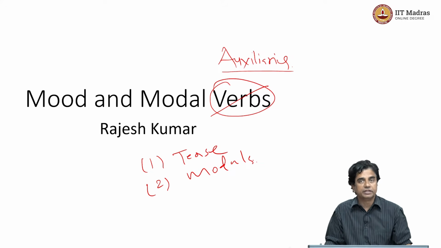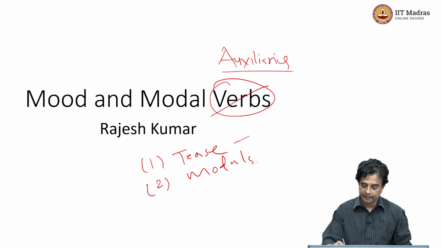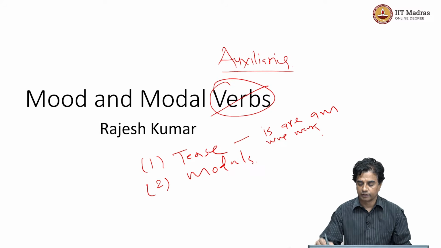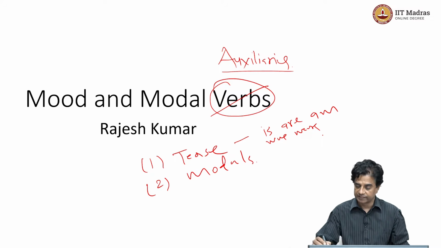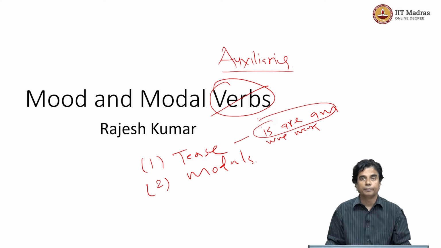The difference between the two is tense auxiliaries like is, are, am, was, and were. These tell you about the embedded tense in them. For example, the first set is from present tense. The second set is from past tense.